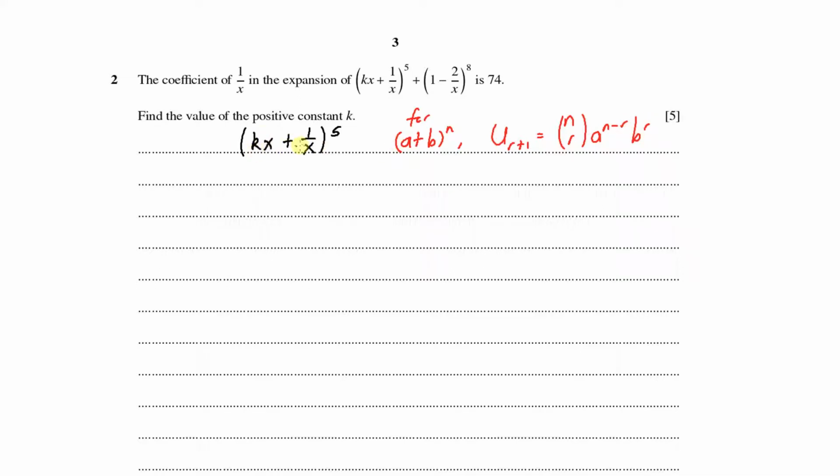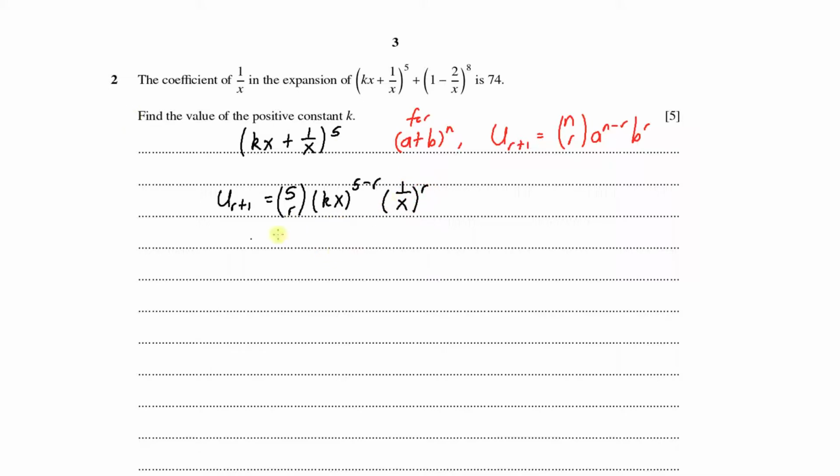Now for (kx plus 1 over x) to the power of 5, the general term will be 5 choose r, and kx to the power of 5 minus r, which is 5 minus r, and 1 over x to the power of r, like this.